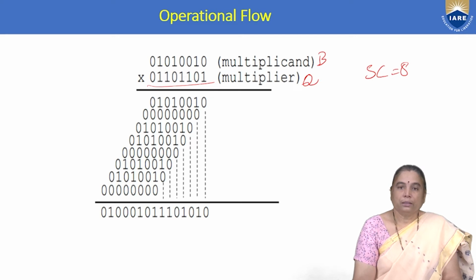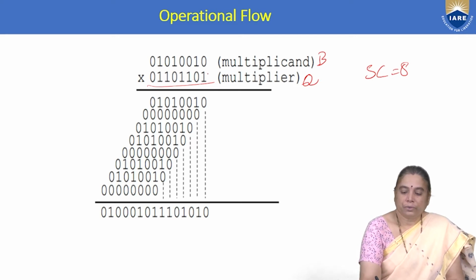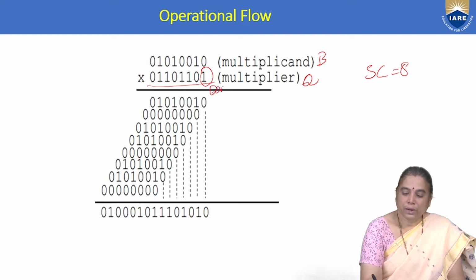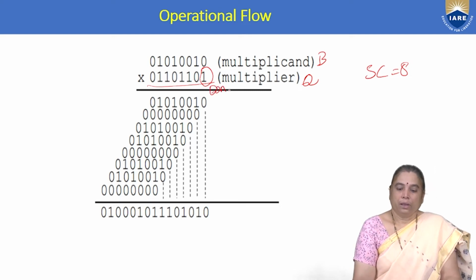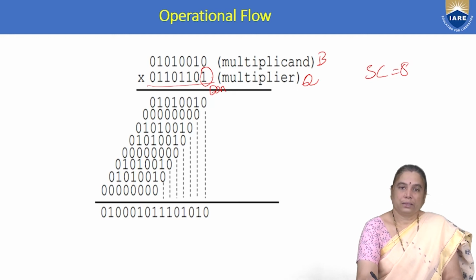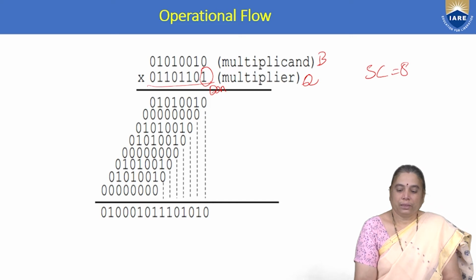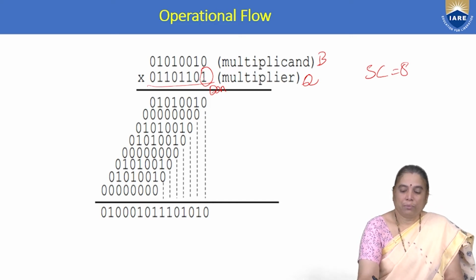Here Qn means the last bit, the LSB of Q, and we check whether this Qn is 1 or 0. If this Qn is 1, the multiplicand is multiplied by 1, so the multiplicand value has to be moved to the partial product term.